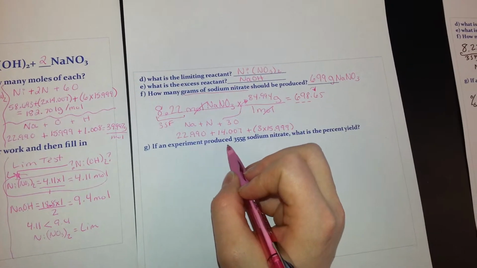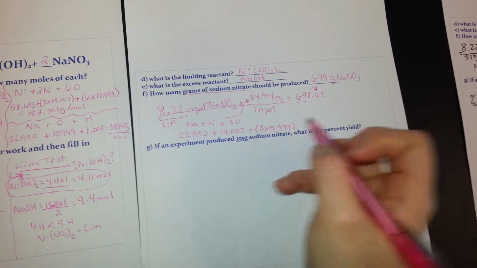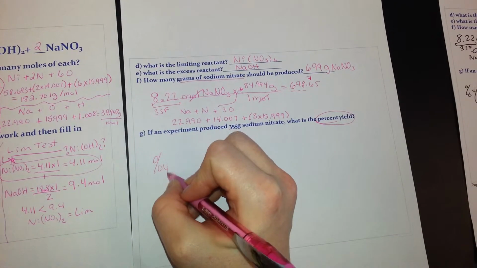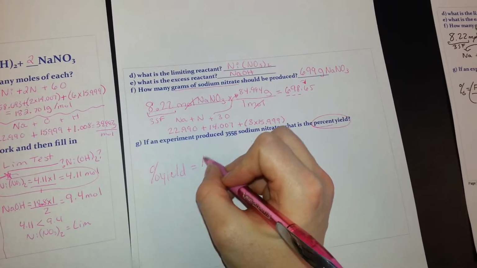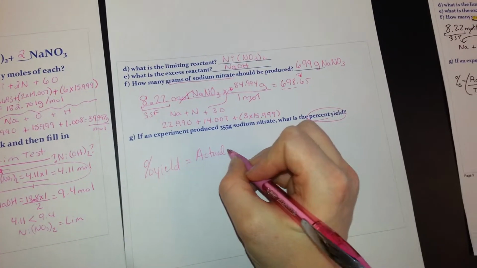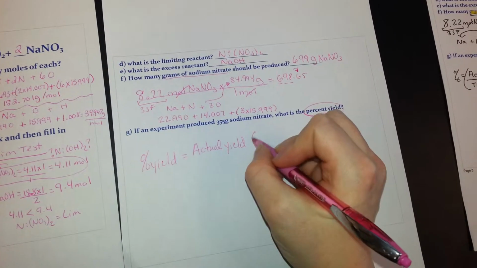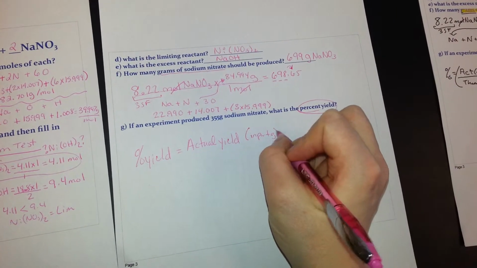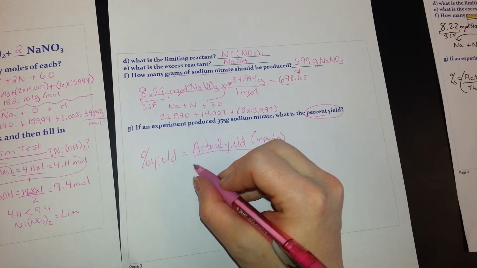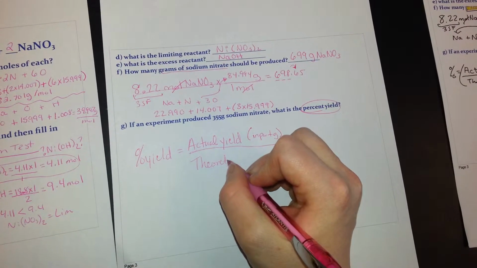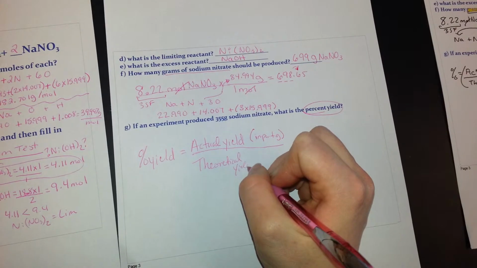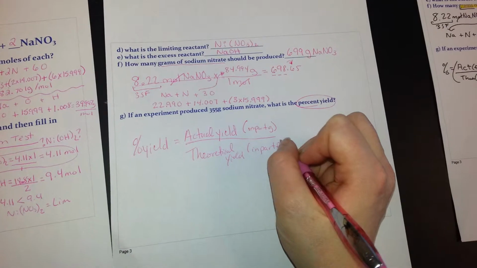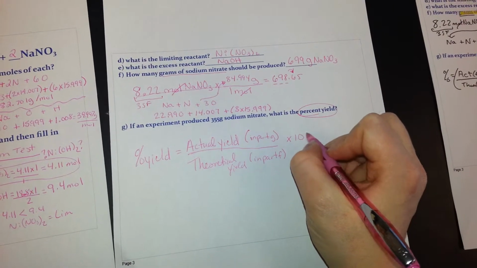So if an experiment produced only 355 grams of sodium nitrate, and they ask you what is the percent yield, you have to remember that percent yield is defined as your actual yield, which in this case was given in part G, divided by your theoretical yield, which you found in part F. And since it is percent, you'll be multiplying that by 100.